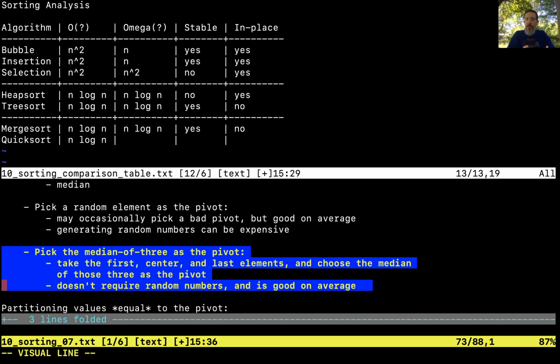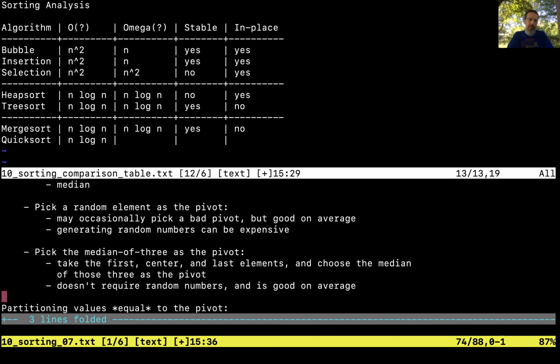And the upside to this is it's fast, it's very good on average, and it's really hard to combat. It would be hard to construct an array that can cause this to have bad runtime behavior. So that's a pretty good strategy, median of 3.